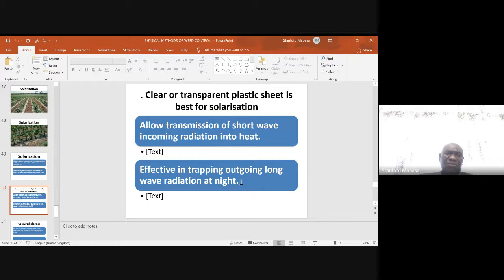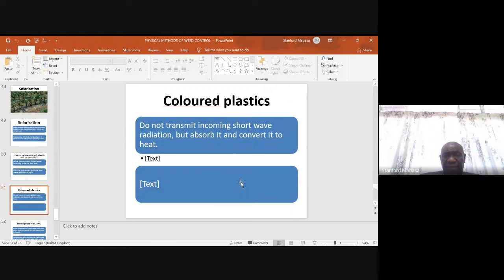Also, outgoing long wave radiation is also trapped. Actually, white plastic is more efficient than colored plastic.